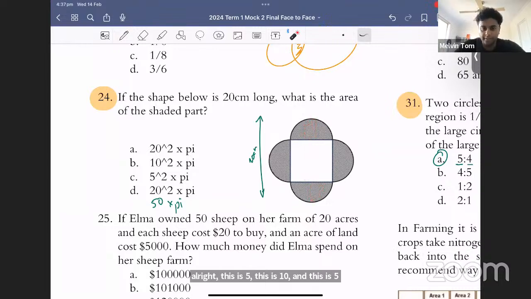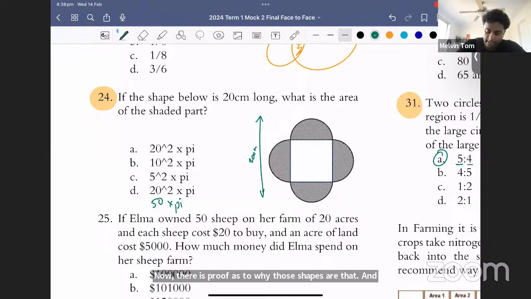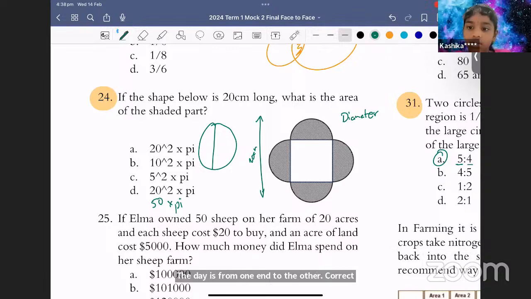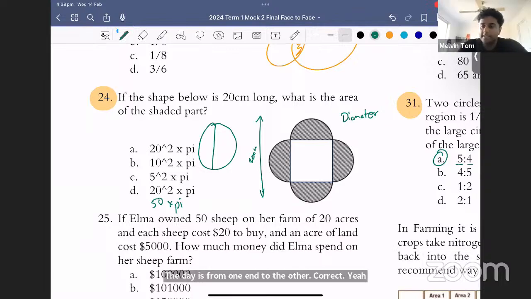Now, there is proof as to why those shapes are that. All of you should know that the diameter is basically the distance from one end of a circle to the other. Correct? And then the radius is exactly half of that, right?